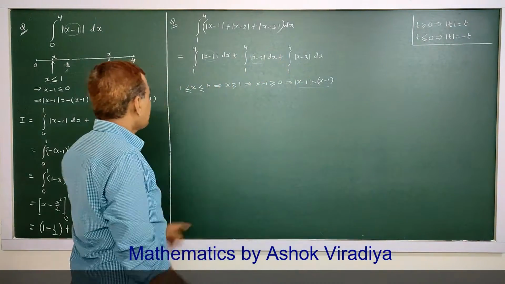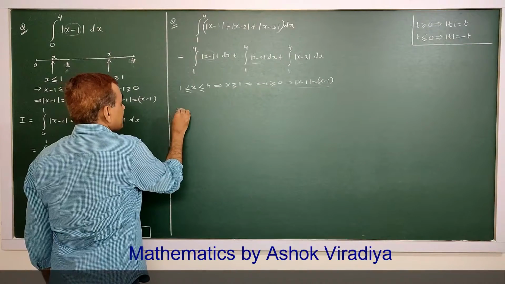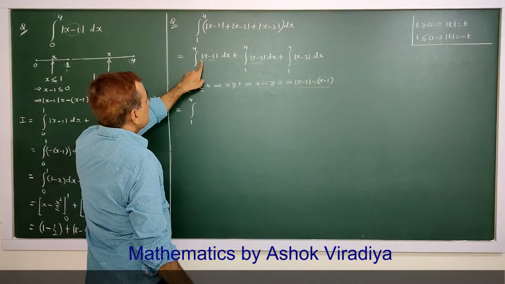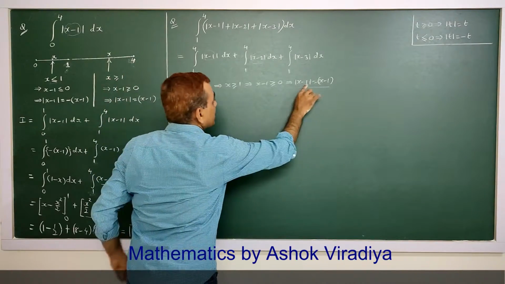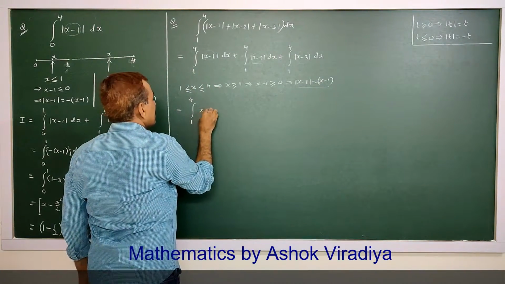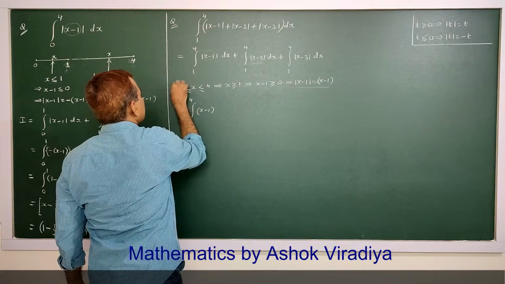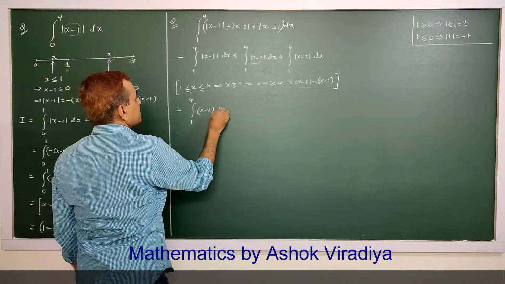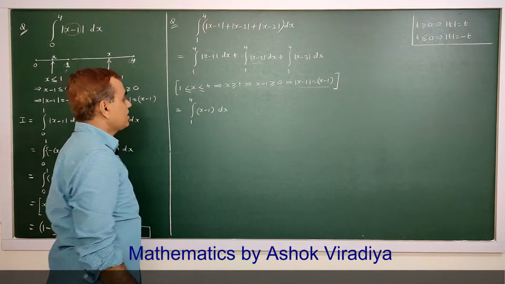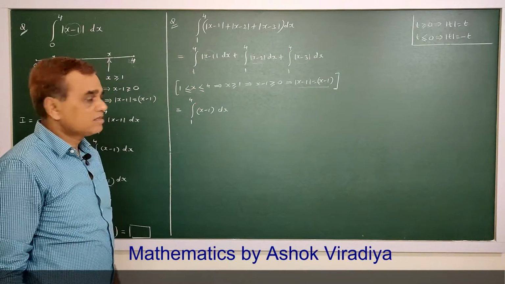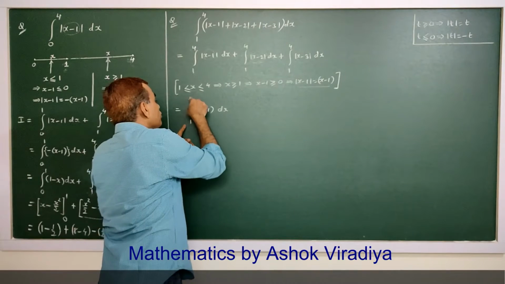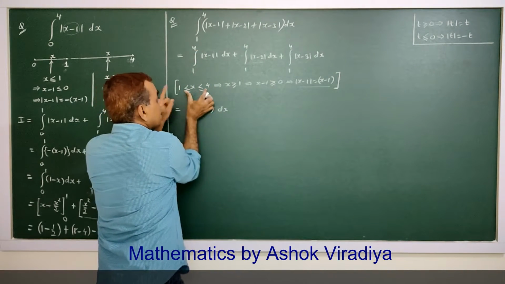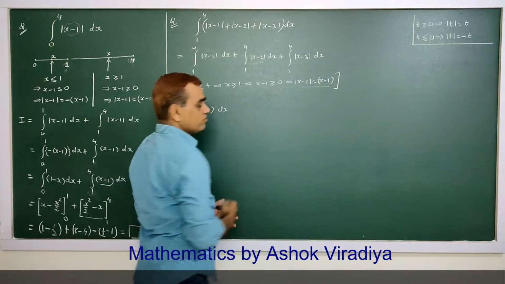So here I am putting this expression: integral 1 to 4, modulus x minus 1 is x minus 1. I am putting the value of this first term. This is the calculation for the first term. It is x minus 1. First term is clear. No need to do parts for the first interval, because in the whole interval this is positive.